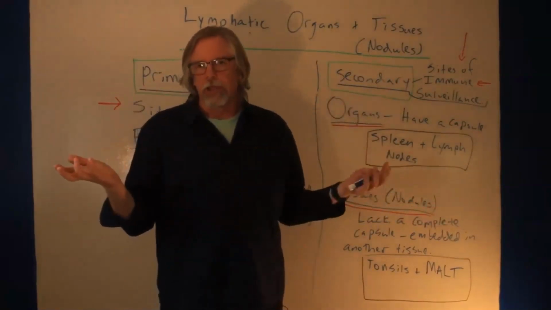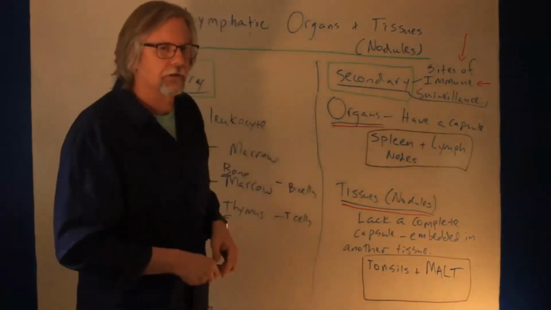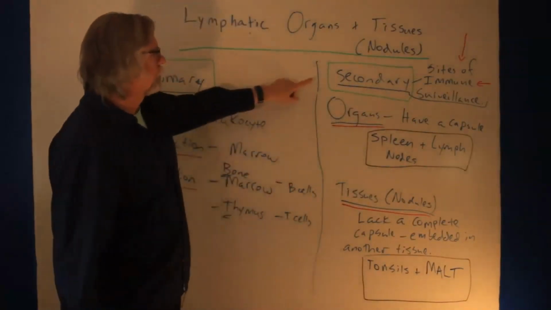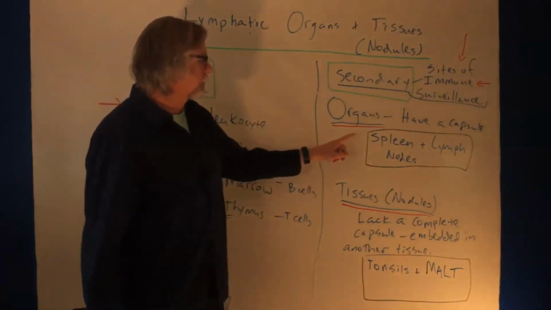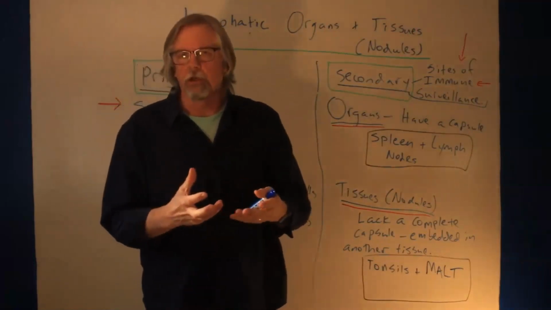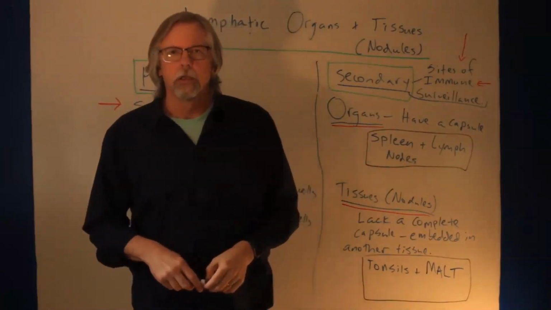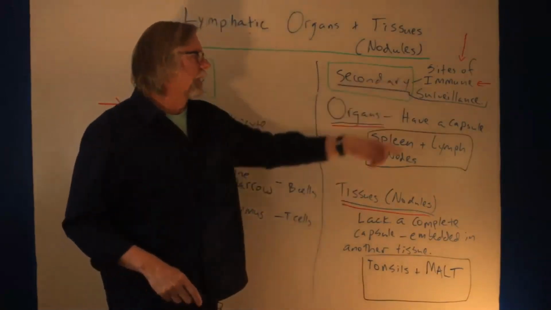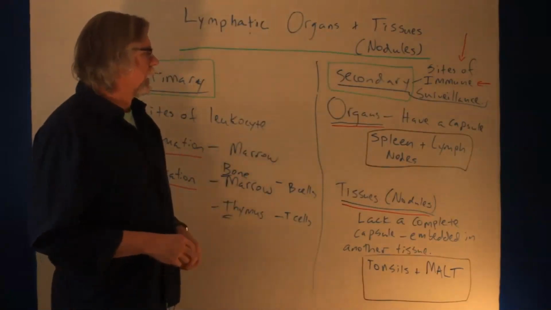The capsule is just a fibrous connective tissue layer that forms the outer part of the structure. So the two main examples of the secondary lymphatic organs are the spleen and lymph nodes. They are encapsulated structures and they contain mature immune system cells taking on the role of immune surveillance.